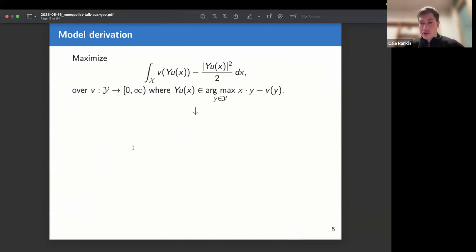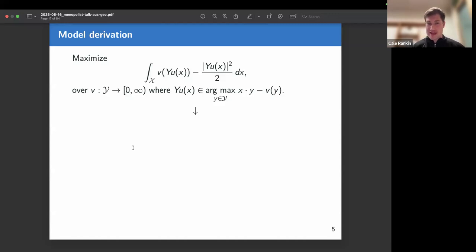So let's go back to our model derivation and see how this optimization over the space of convex functions arises. So from 2 slides back, we've got our problem. It's maximize the integral of v of y_u of x minus y_u of x squared on 2 over the set of v, where our y_u of x was the argmax of x dot y minus v of y.